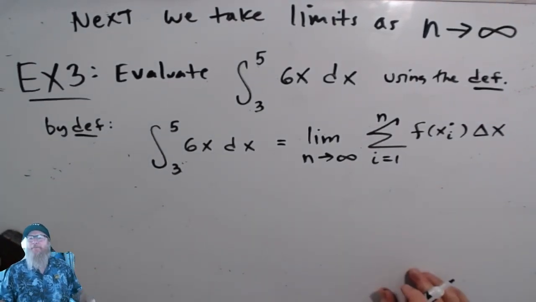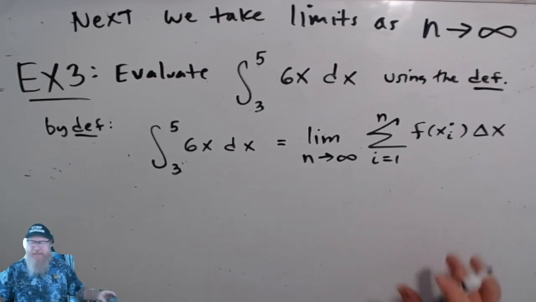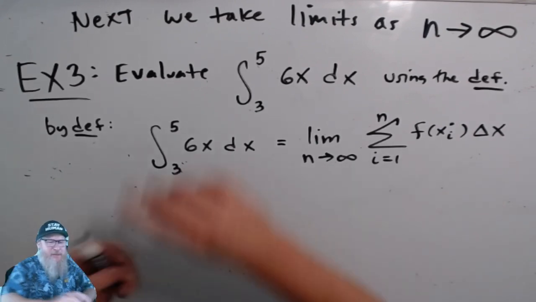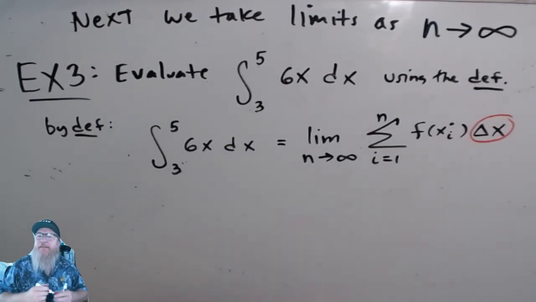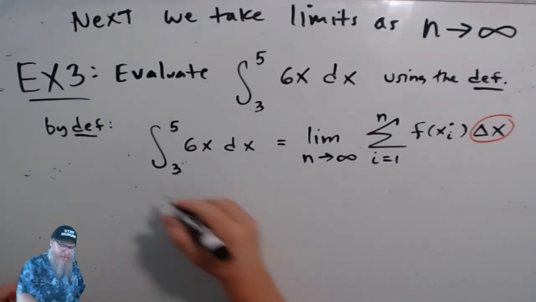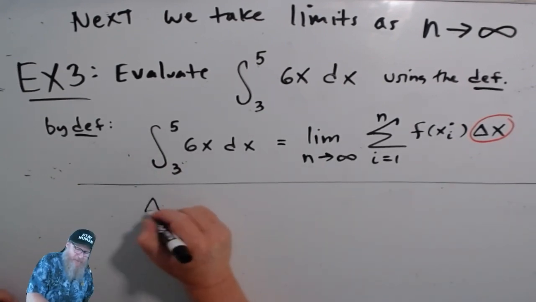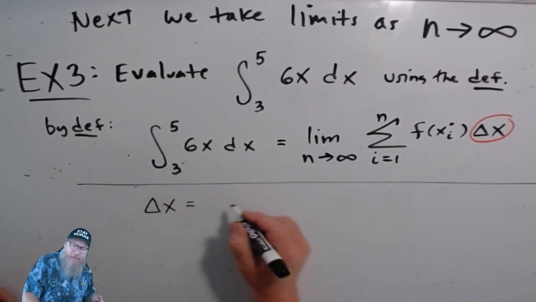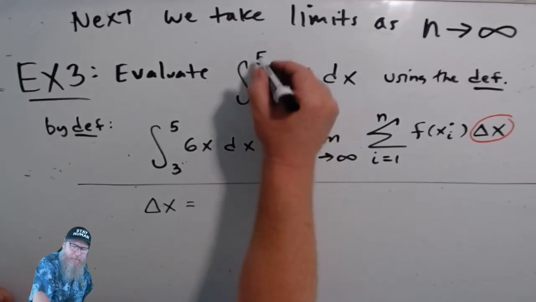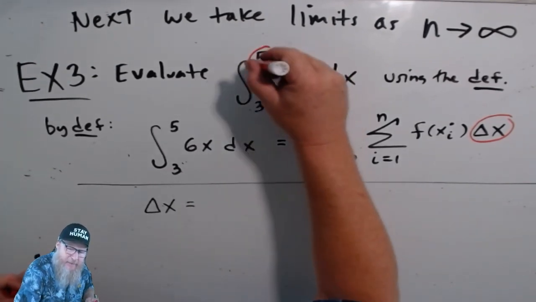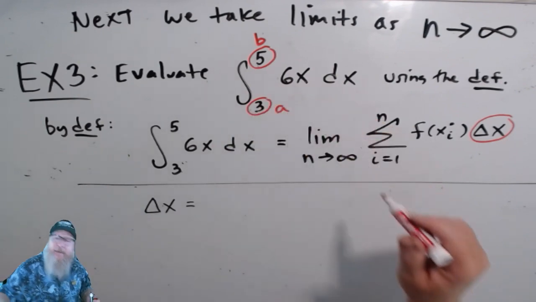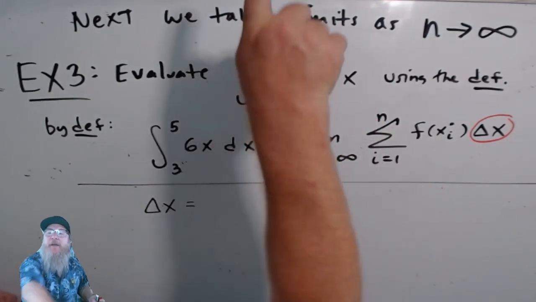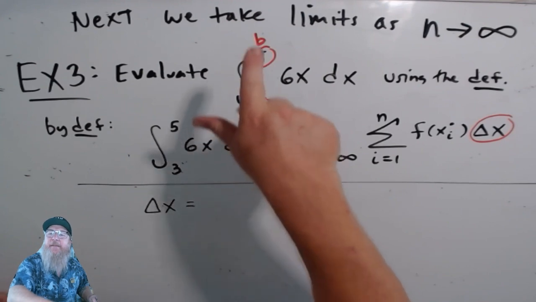All right, so let's piece this all together here. Let's start with delta x. So what's delta x? Delta x is b minus a over n. You've got to read it from the bottom up, so it's from a to b.